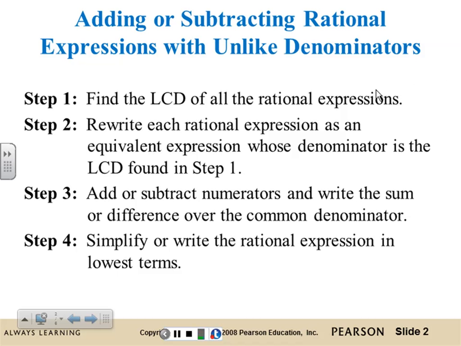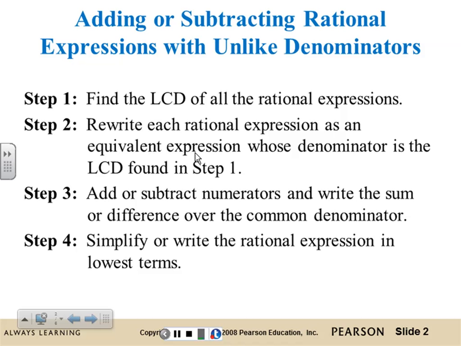So step number 1 is find the least common denominator, and remember to do that, you're going to factor your denominators, and you're going to write down anything that you see that's already in common, and then write down anything that's not in common, and that's your common denominator. Then you're going to rewrite the rational expressions, and remember to do that, we have to use equivalent expressions.